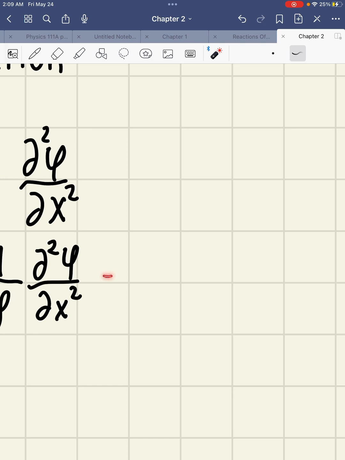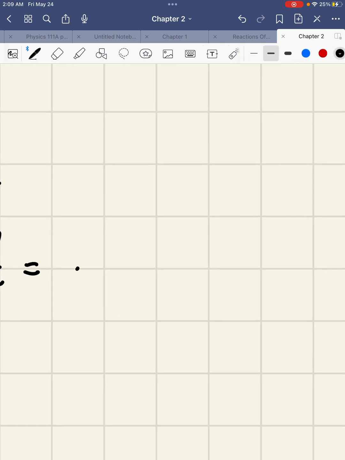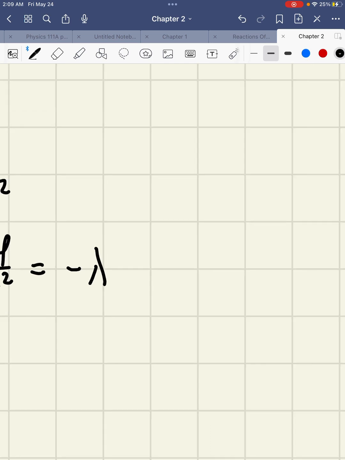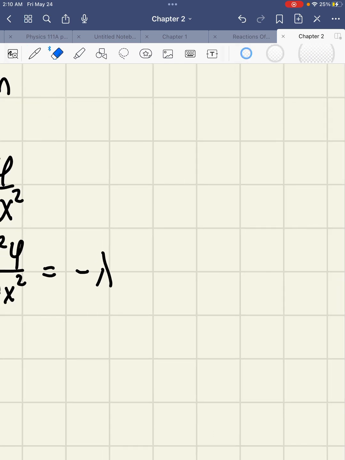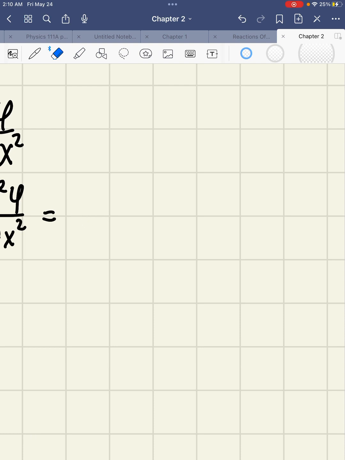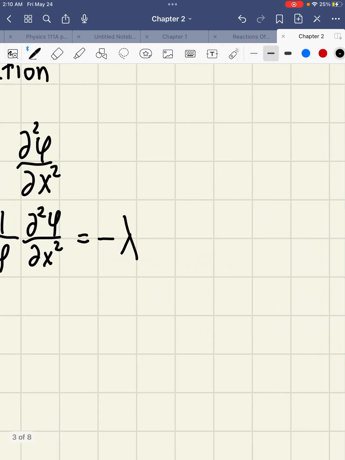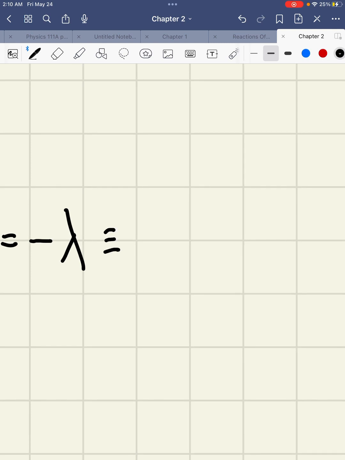So my constant is going to be symbolized as negative lambda, and that constant is known as a separation constant.